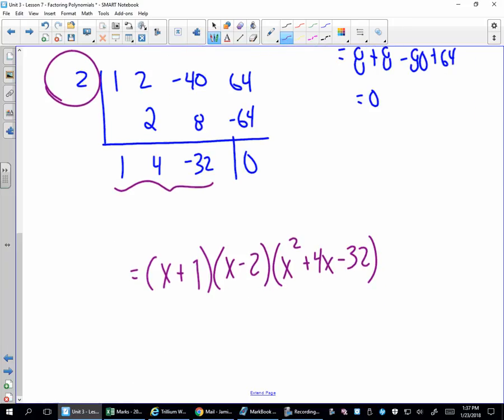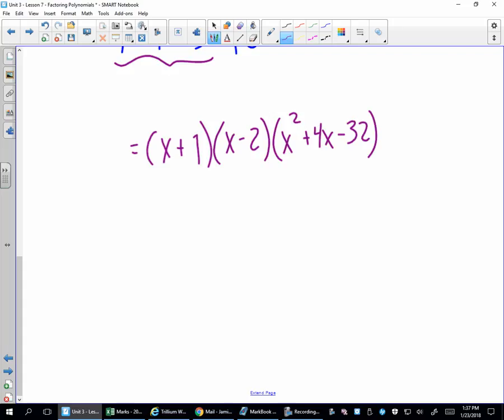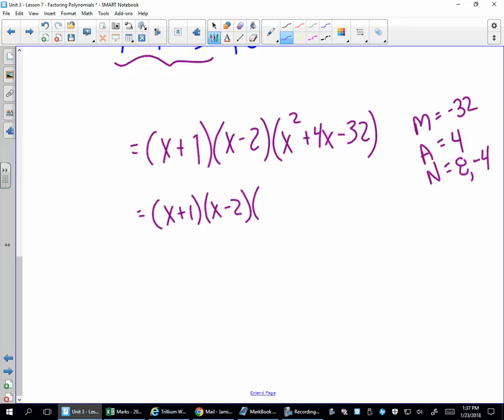Well, now that I've reduced it to quadratics, let's give it a try. Anything multiply to 32 and add to 4? Yeah. 8 and negative 4. So my quartic function I had at the beginning in standard form can actually be factored into factored form with 4 separate zeros.